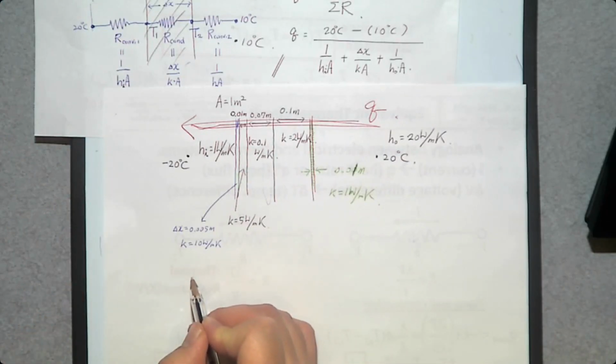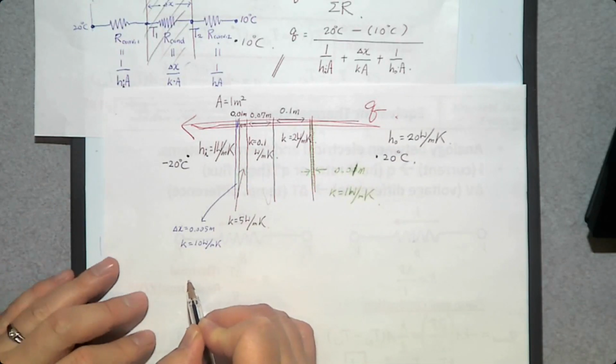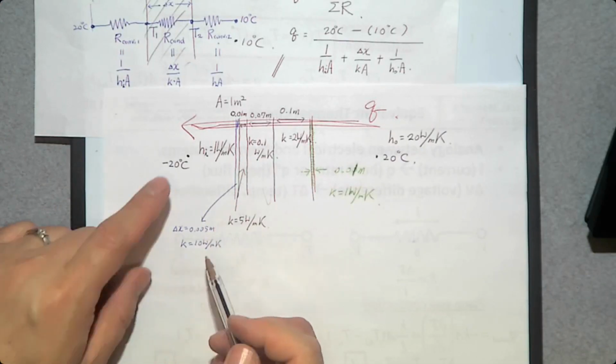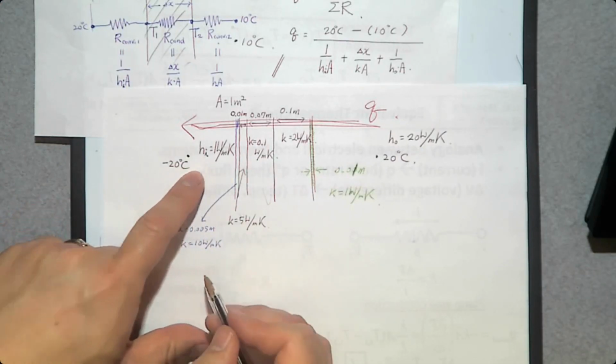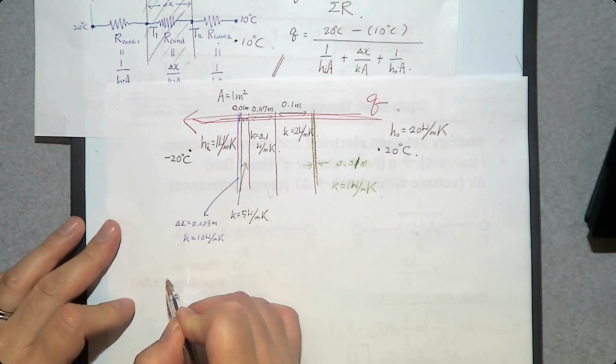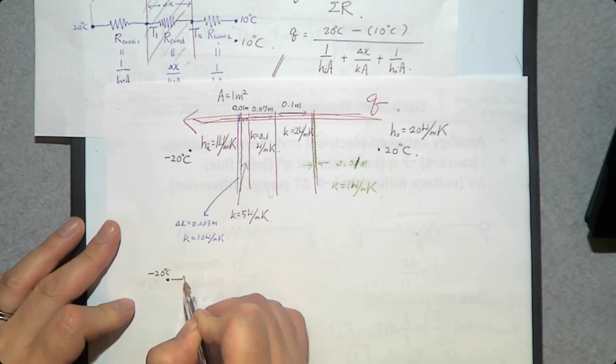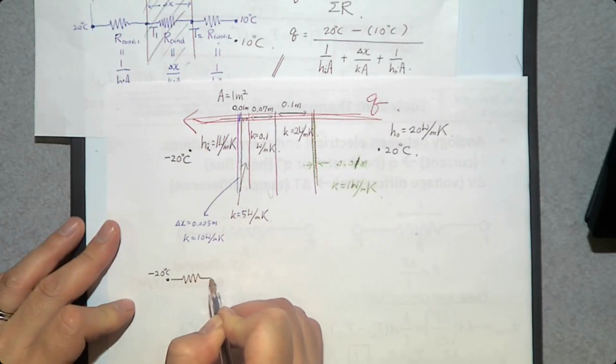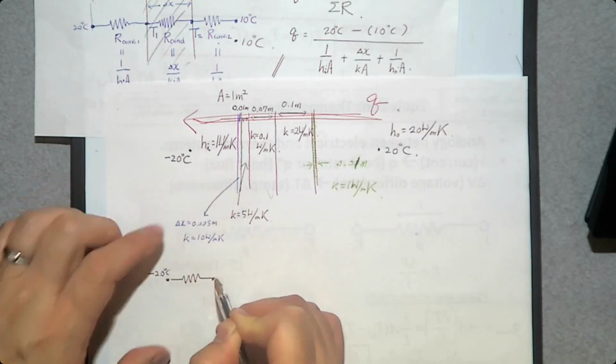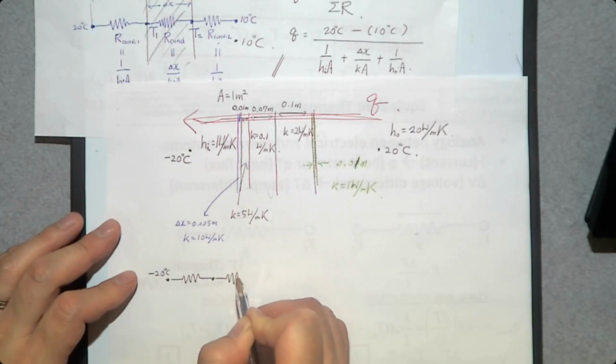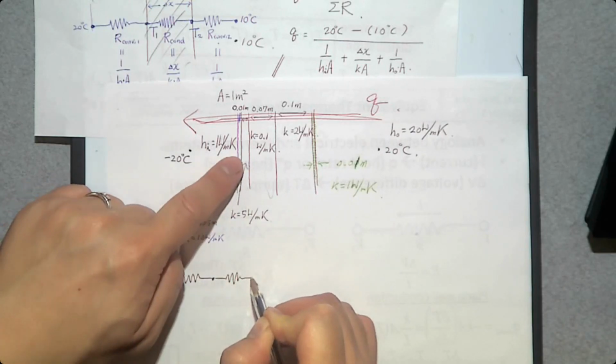We can use thermal resistance network. How many resistances? First, we have a convection here. So there's minus 20 degrees Celsius, and we have convection heat transfer. And what else? Blue paint. What else?